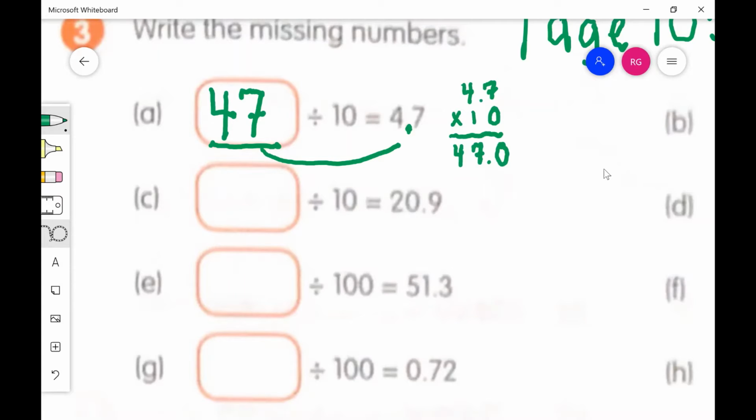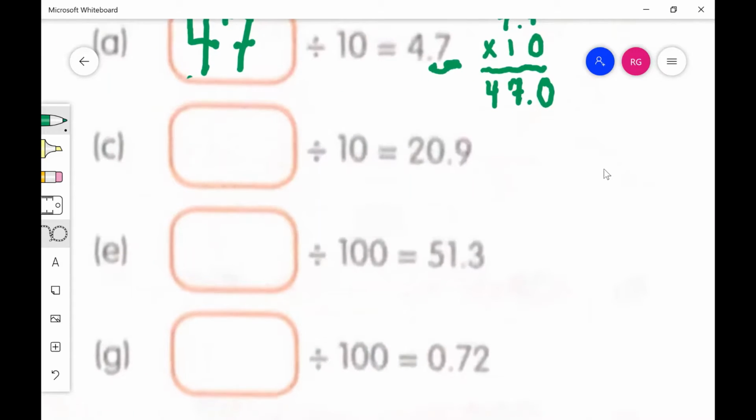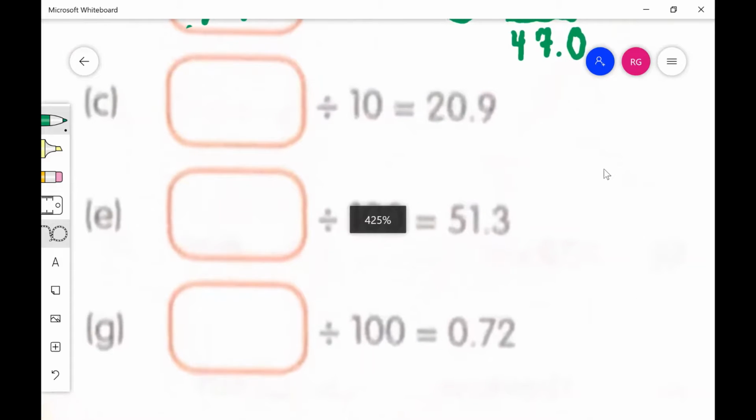We're just going to move the decimal one place to the left if we're taking 47 divided by 10. But here we needed to move it one space to the right to get our original question there. All right, let's go down the column here.